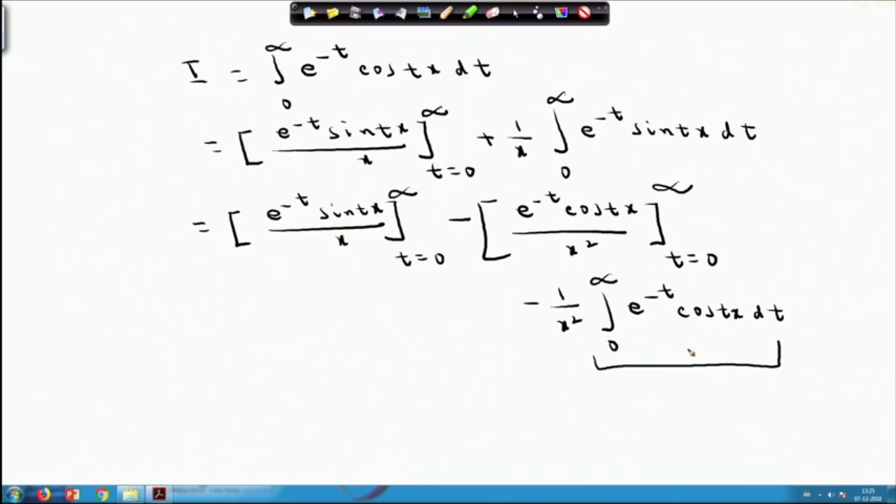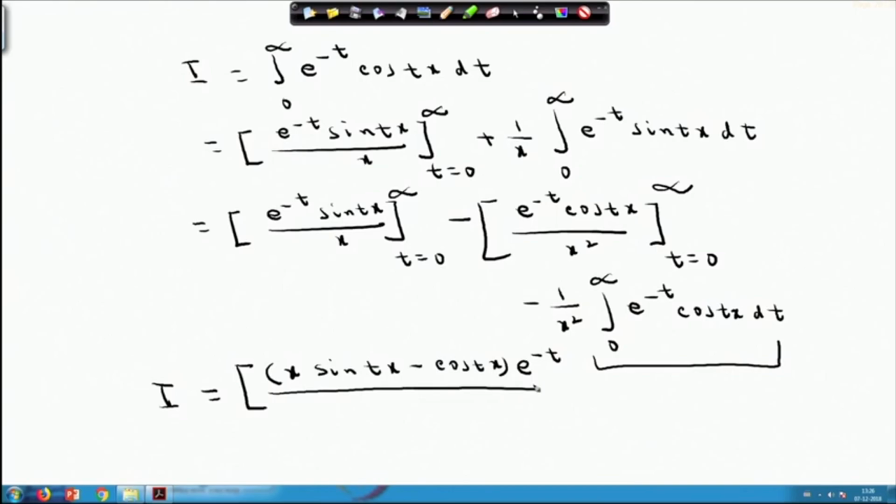So it will be 1 plus 1 by x square into I. In the result, directly I can write down I will be equal to x sin t x, just simplifying this, minus cos t x into e power minus t, divided by 1 plus x square will come, and the limit will be from 0 to infinity.